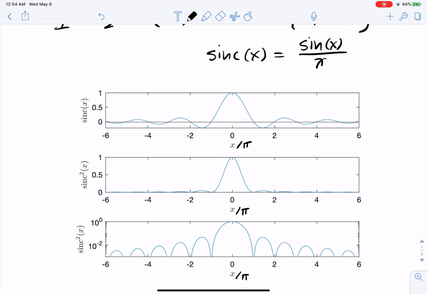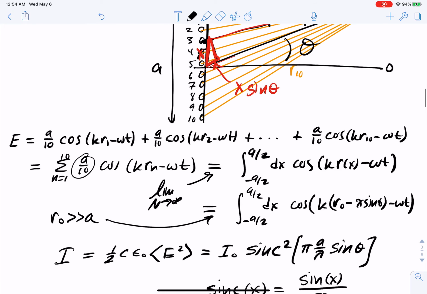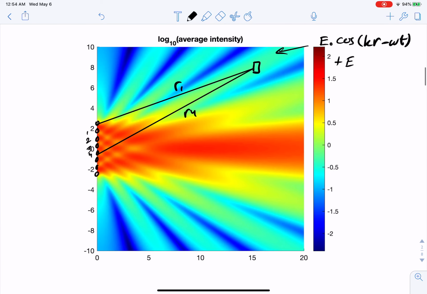On the axis over here, it goes from 1 down to 1,000th. So you see this is a 10th, 100th, 1,000th. Indeed, that's what I showed you in these graphs, the log of the intensity, in order to be able to see those small structures.